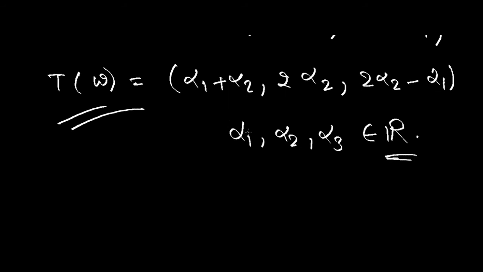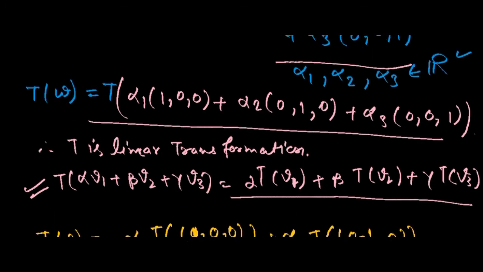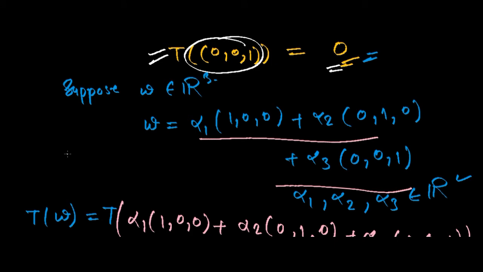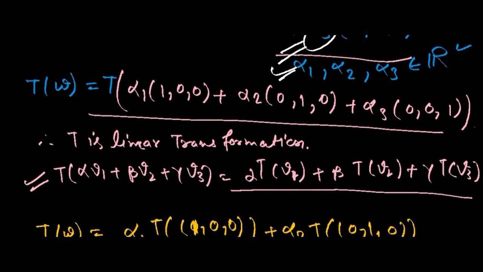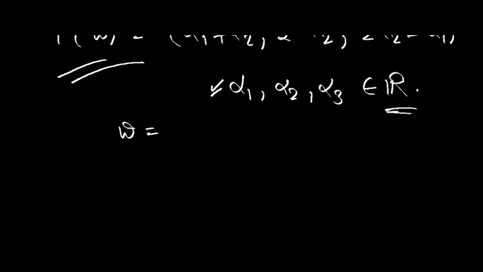These alpha 1, alpha 2 and alpha 3 are nothing but the constants, or the scalars, that we got when we represented w in the form of our basis elements. We represented w as the linear combination of the standard basis elements of R3, right? So these alpha 1, alpha 2 and alpha 3 are those constants, and these scalars, or components of the vector, are coming here again.